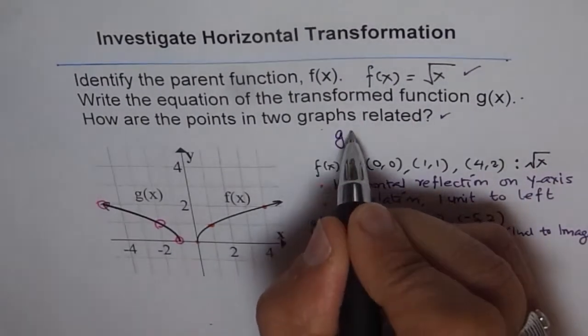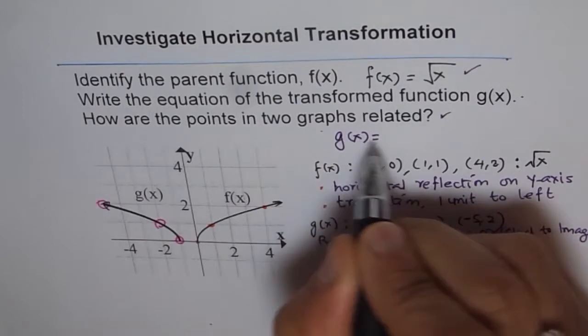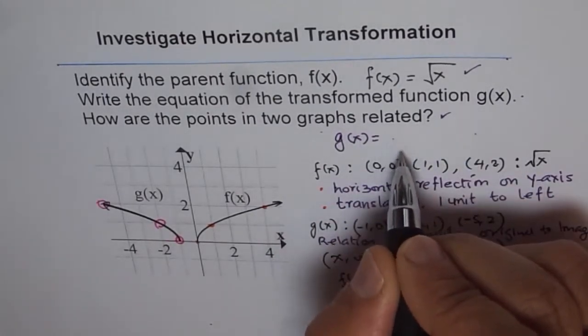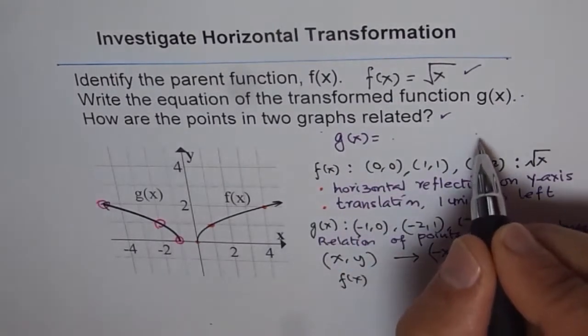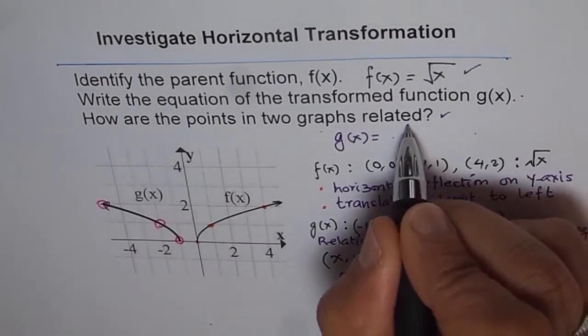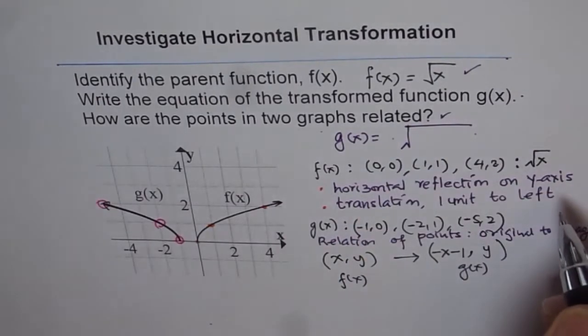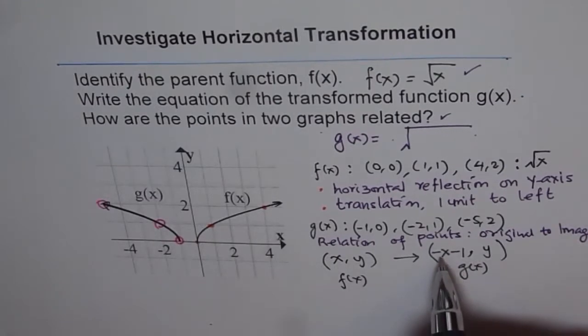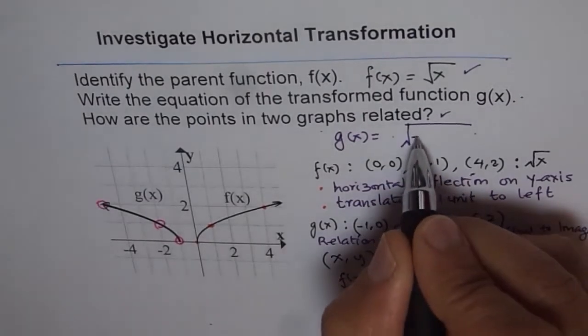So we can write g of x equals, nothing is happening outside, right? That means we do not have vertical stretch or compression, nor any vertical translations, but inside we have a huge change. So what is the change inside? The inside change is that our x values are getting reflected, so we have minus of x.